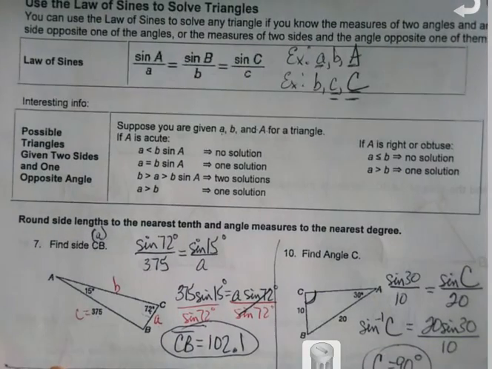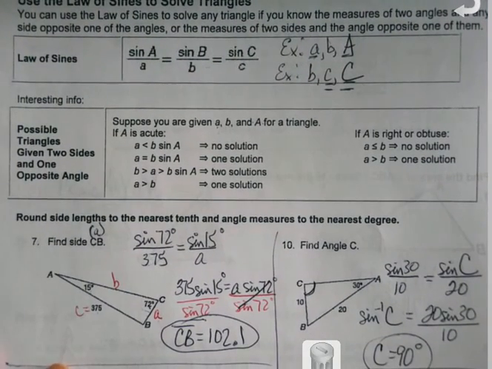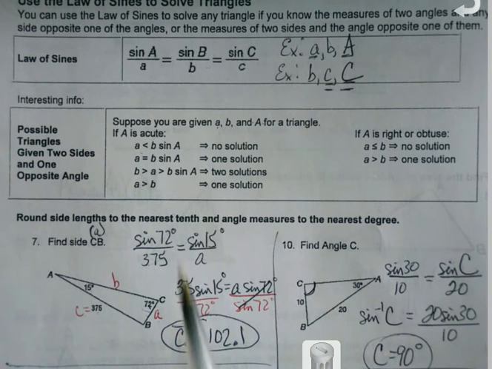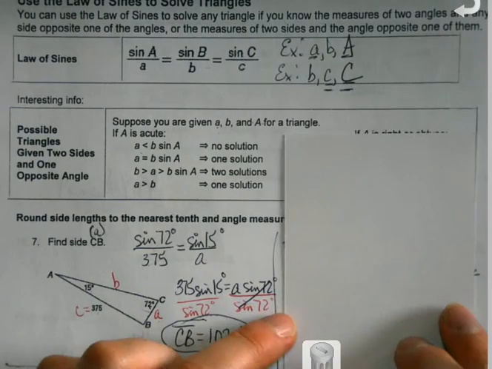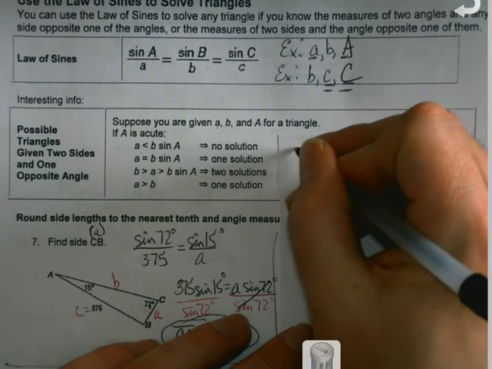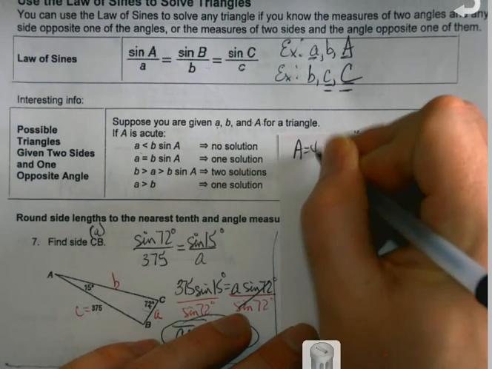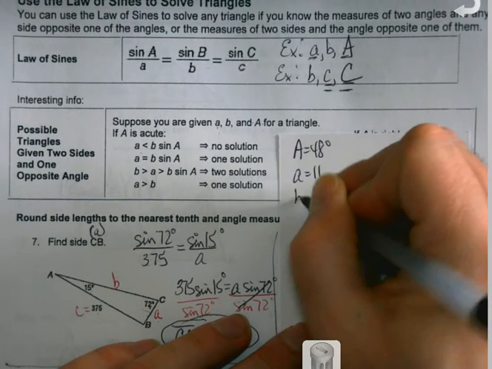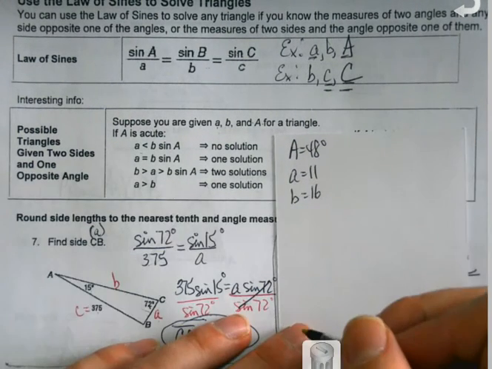I have to run through these options. I'll do it on a note card so I don't have to flip back and forth constantly. So we had angle A was 48, side a was 11, side b was 16.